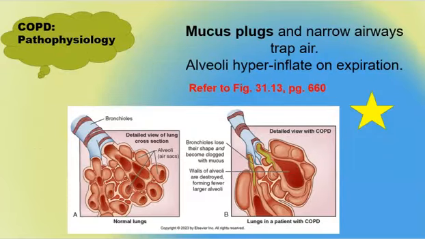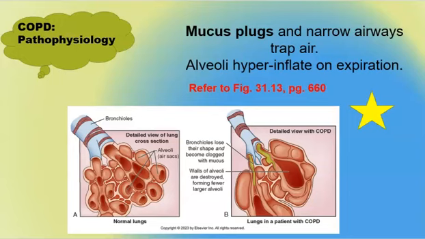Okay, so let's talk about the patho, just real quick, down and dirty. If you look at page 660, I want you to refer to figure 31.13. Basically, it's a chronic inflammation of the airways. It causes irreversible structural damage to those airways and the alveoli: decreased elastic recoil, reduced airway diameter due to chronic inflammation, and increased thickening of the alveoli membranes resulting in poor gas exchange.